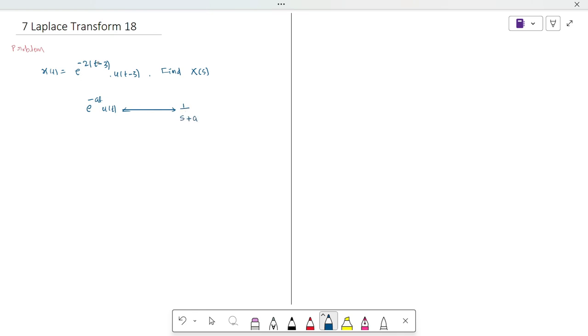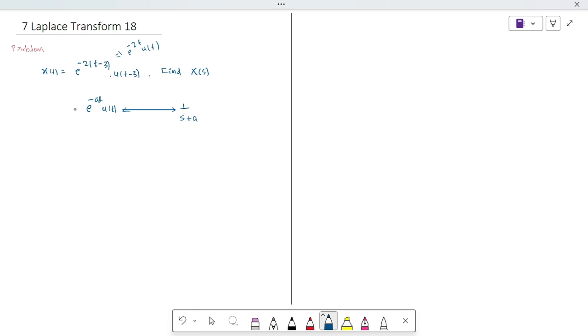So here e power minus 2 is a shifted signal. It is the signal e power minus 2t into u of t shifted by 3 units.